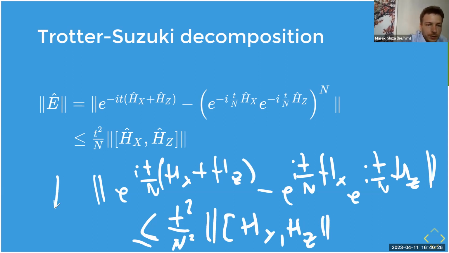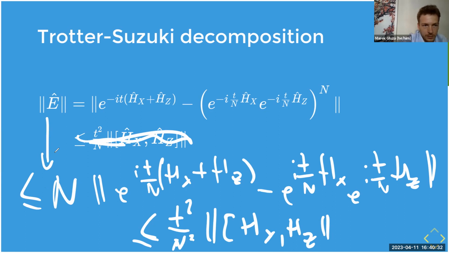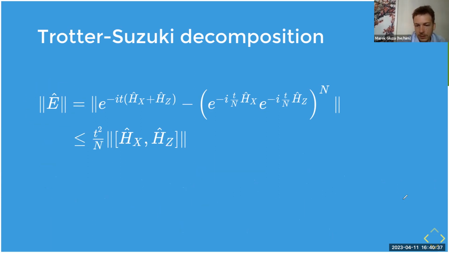Okay, for now we know that this is n times this, so we don't have this yet, but we have this bound. So the error is bounded by n times small. Okay, that's what we did so far.